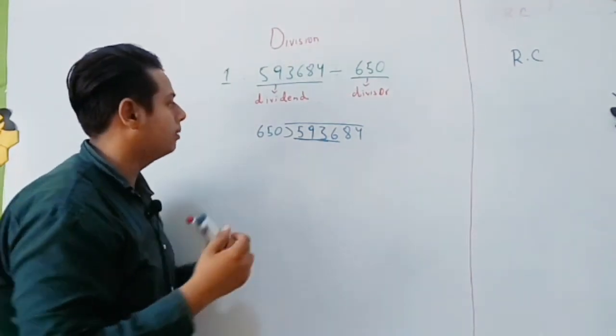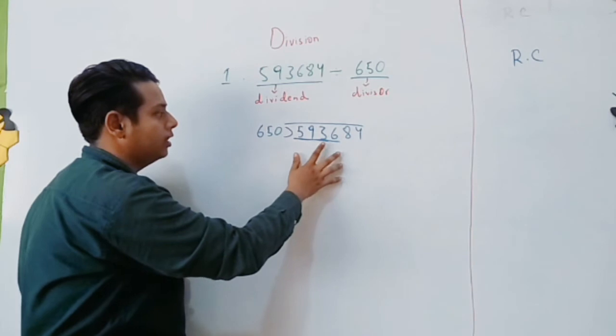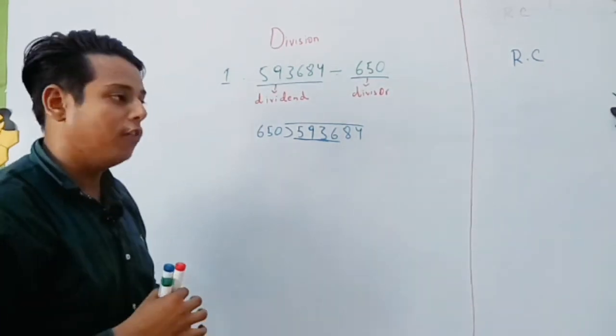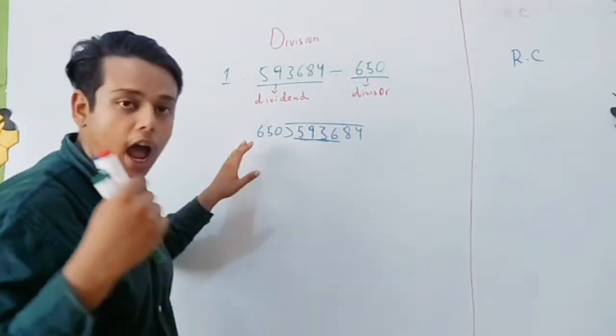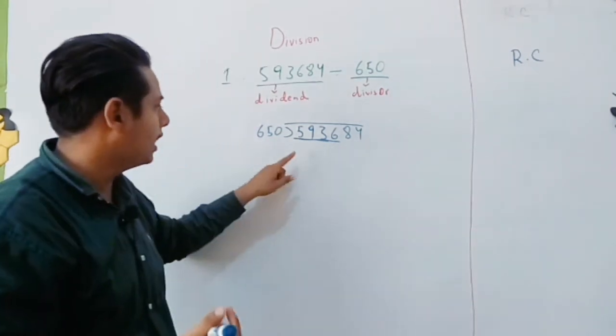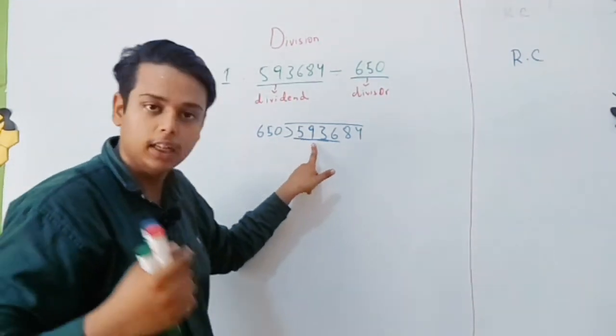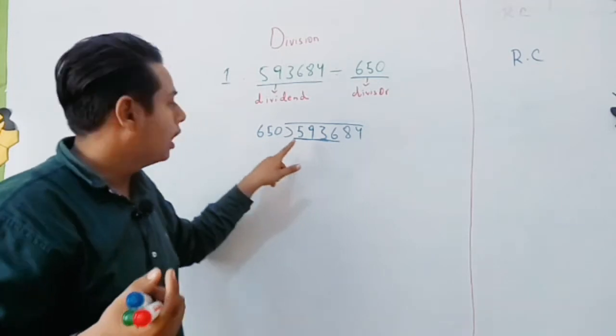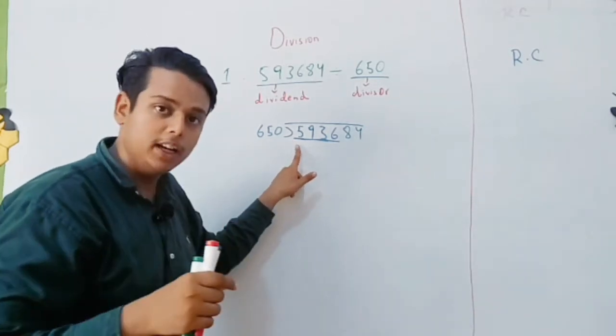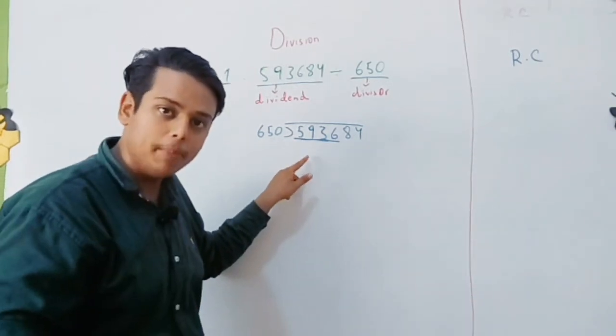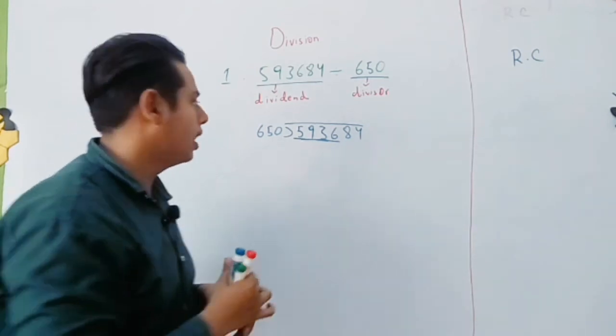अब हमारे पास क्या नंबर बन गया, 5936. Meaning I have to multiply 650 until I get exactly 5936 and the number close to this number. फाइन, या तो एग्जैक्ट यही नंबर हमारे पास आए या फिर इससे छोटा नंबर हमारे पास आए.